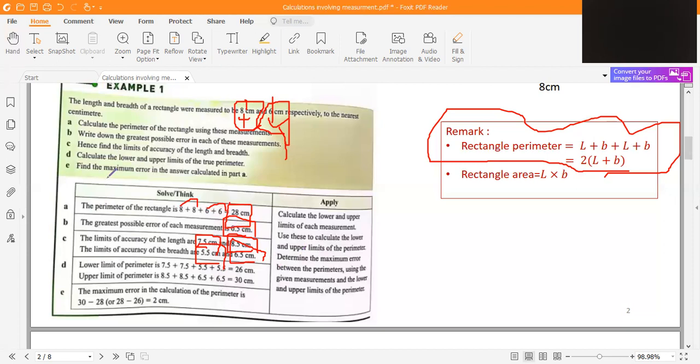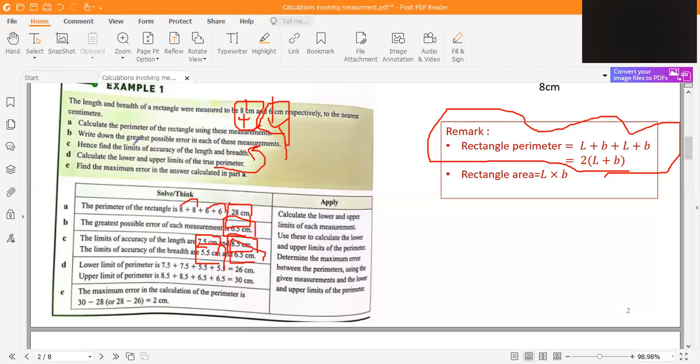So normally, when we find the limits of accuracy of the length and breadth, we can find the lower and upper limits of the true perimeter, which involves using these two measurements, length and breadth.